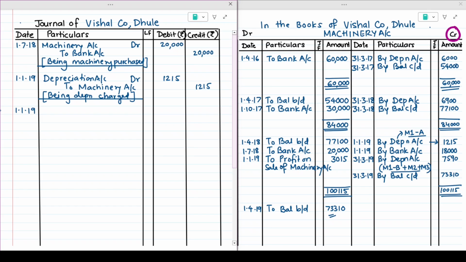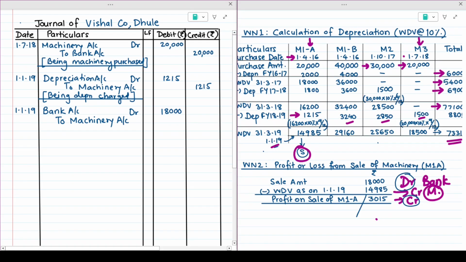When we sold, we received amount in bank, so bank account is debited. Debit the receiver. We have received 18,000 from selling the asset. To the asset is going out of the business. Credit what goes out, machinery account, and the WDV was 14,985.